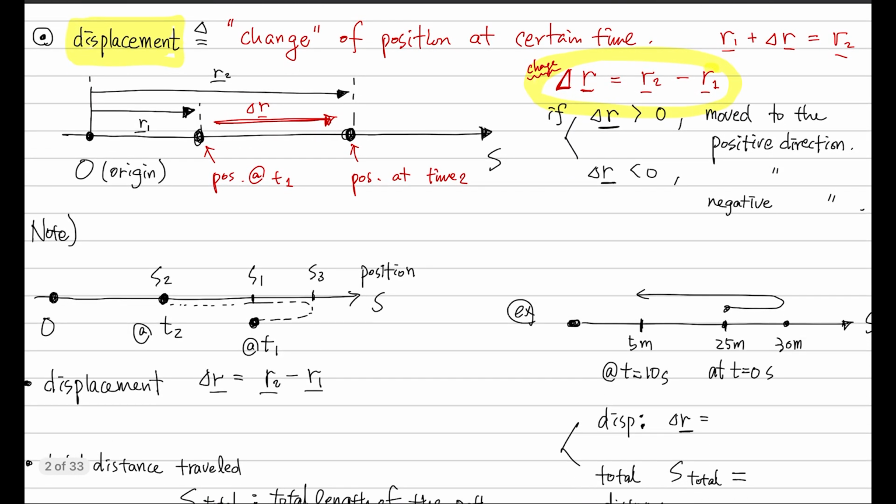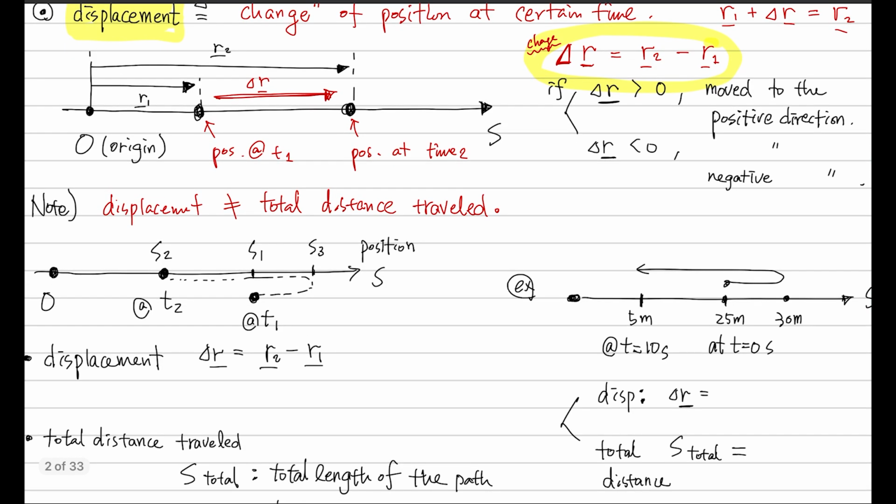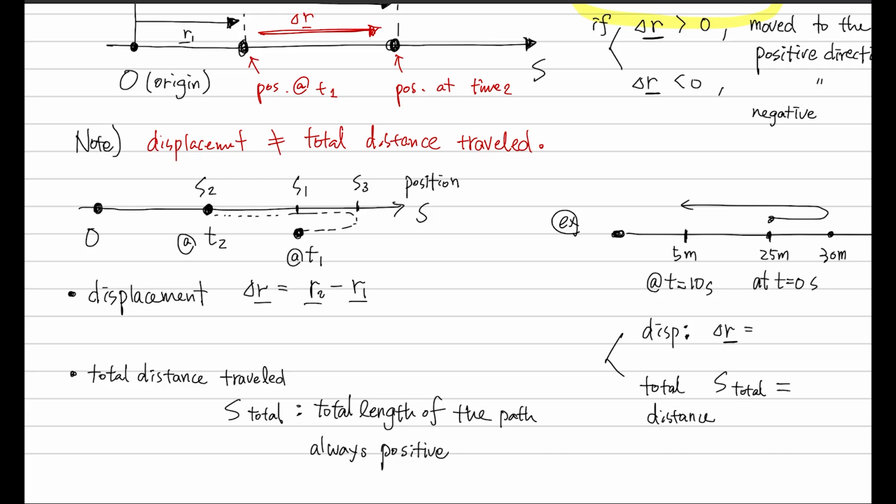Okay, and another, again, very obvious thing is displacement is not equal to total distance traveled. Okay, so let's say you were here at time 1, and later at time 2, you're there, and you traveled like this. And in that case, displacement delta R is nothing but R2 minus R1, right?